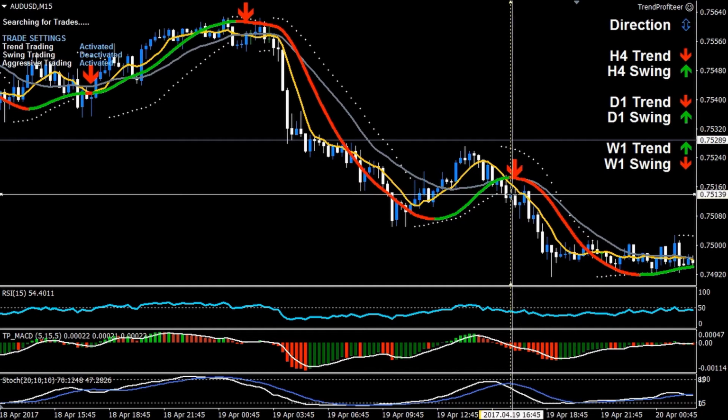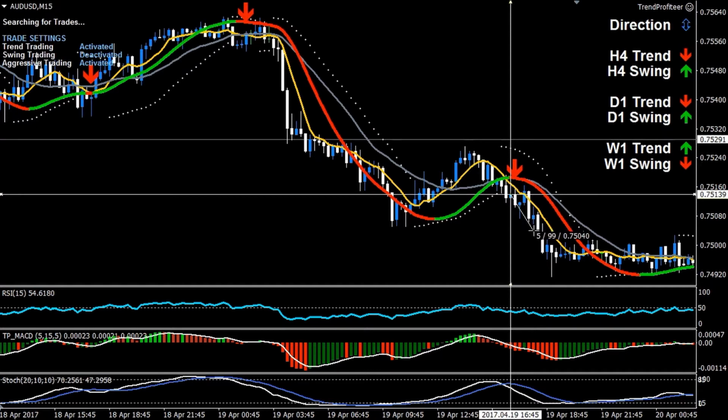So again, we have a trend trade in place, and again, we wouldn't need to place the stop more than a couple of pips to be above that slow moving average. But once again, if we placed it in, say, 10 pips, this move was nice and clean as well.